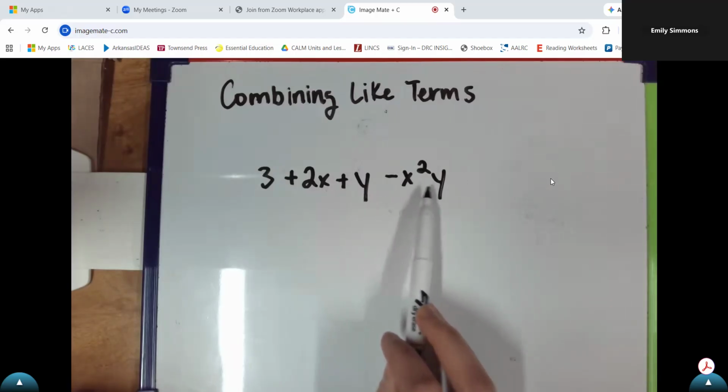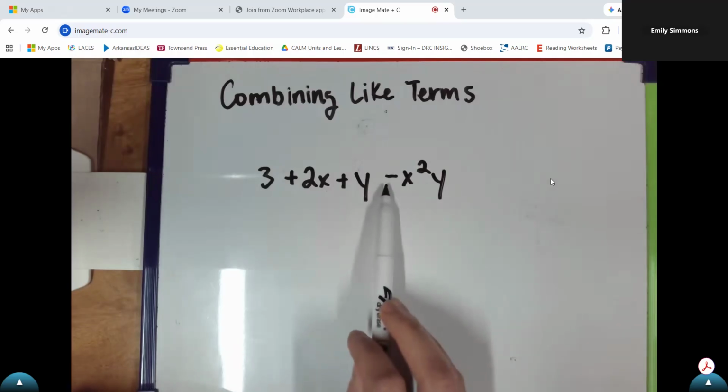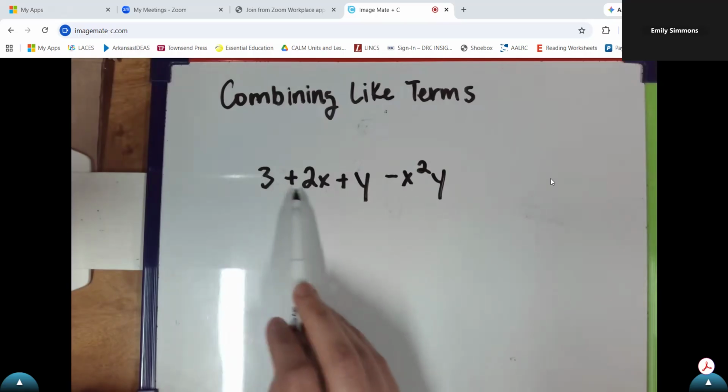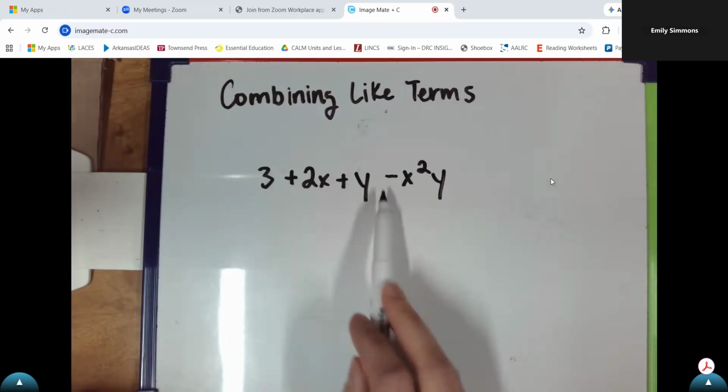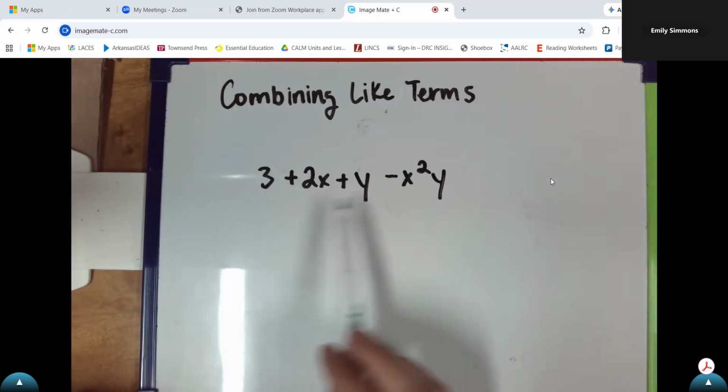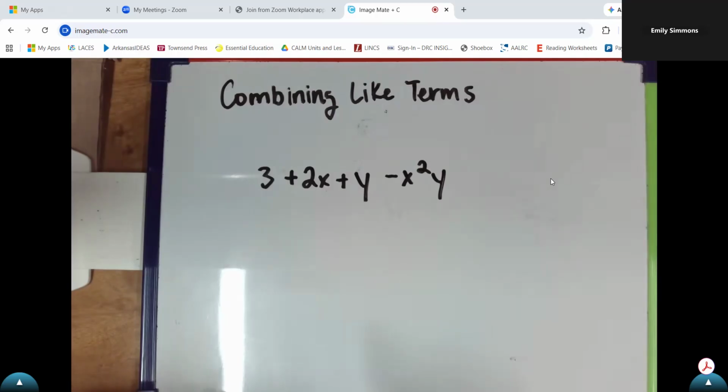a term. And we would say this is negative x squared y because there's a negative sign, or a minus sign, in front of it. You'll always attach the sign that's in front of a term to that term. So if it's a plus sign or no sign, it's positive, and if it's a minus sign, it's negative.